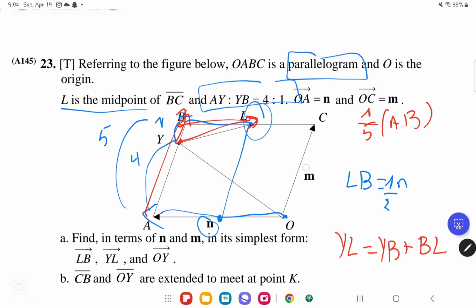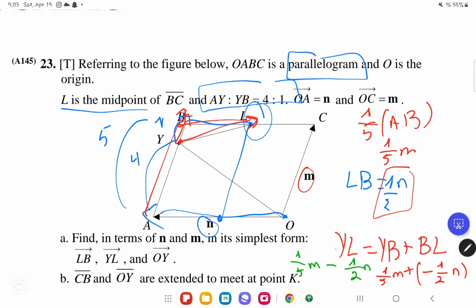So if OC is M, then the value of YB is going to be 1/5 of M. Plus BL, we found LB in the other equation. It is 1/2N. But BL is going in the opposite direction, so you have to put a minus: minus 1/2N. So the value of YL is 1/5M minus 1/2N.